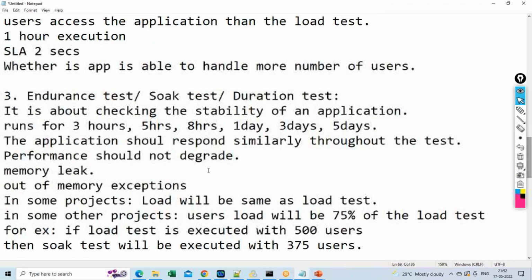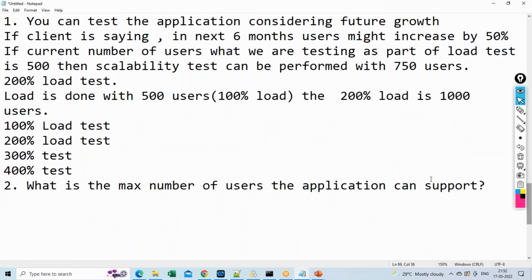So we have discussed 4 important types of tests. Now the last type of test we will discuss for today is volume testing. Volume testing is more or less similar to load test only.